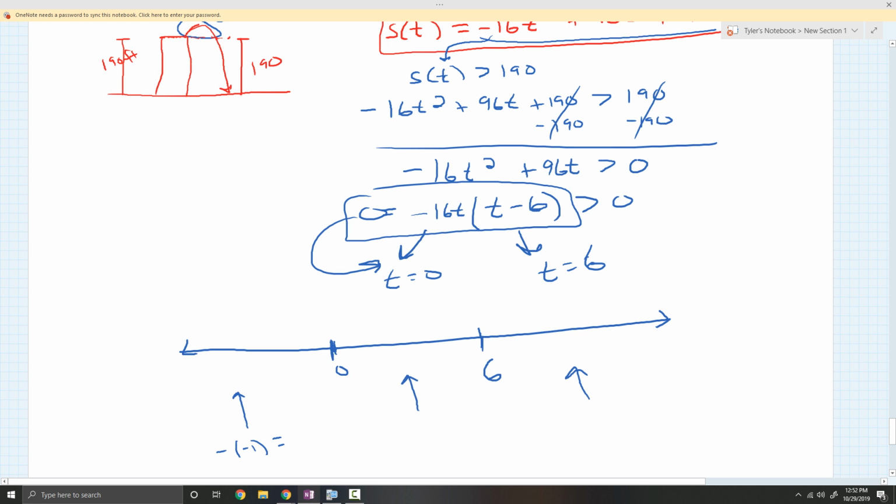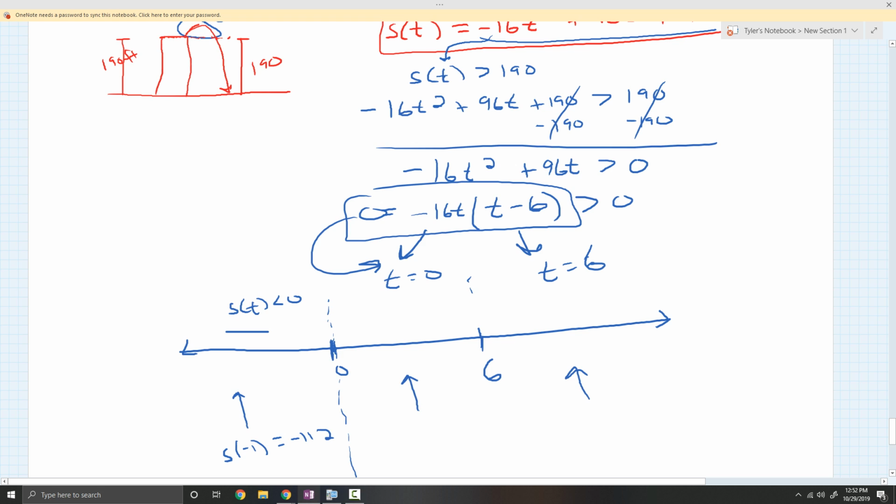Let me be consistent. So I plug this into the s function. S of negative 1 would be negative 112, so this region is negative. In other words, s of t is less than 0 in this region.